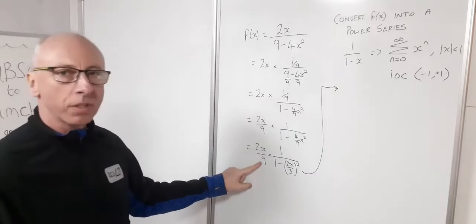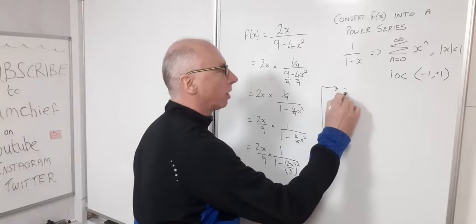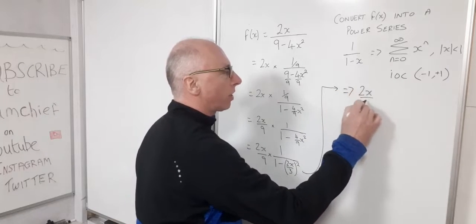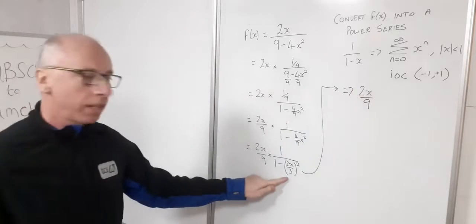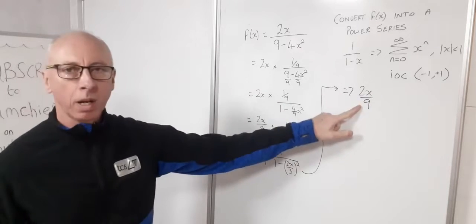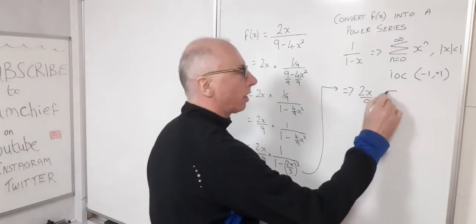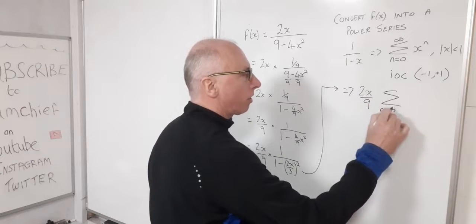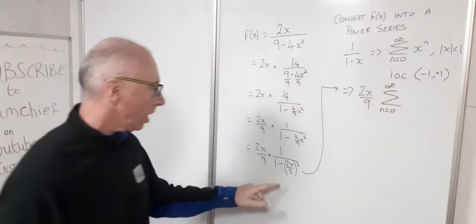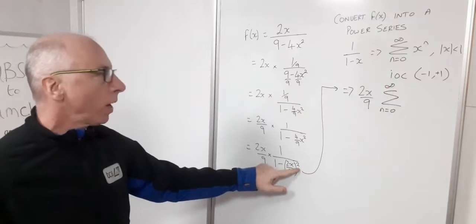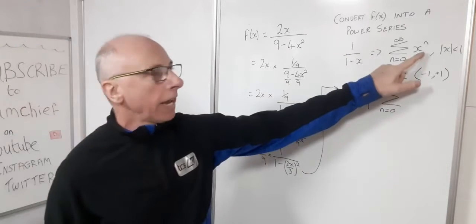So now I've got 2x over 9, just to continue. Now I'm going to write this as a power series and multiply it by my 2x over 9. So I can go from n equals 0 to infinity, 2x over 3 squared, with my x to the n.